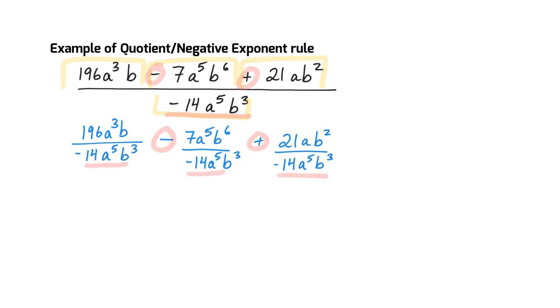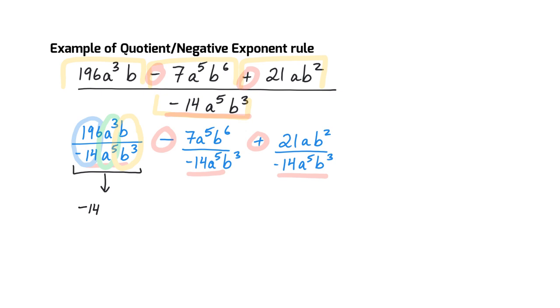Now what I'm going to do is I focus on each of the terms individually. I simplify the number part, I simplify the a's, and I simplify the b's to tell me what this fraction is actually going to end up looking like. 196 divided by negative 14 is going to give me negative 14.